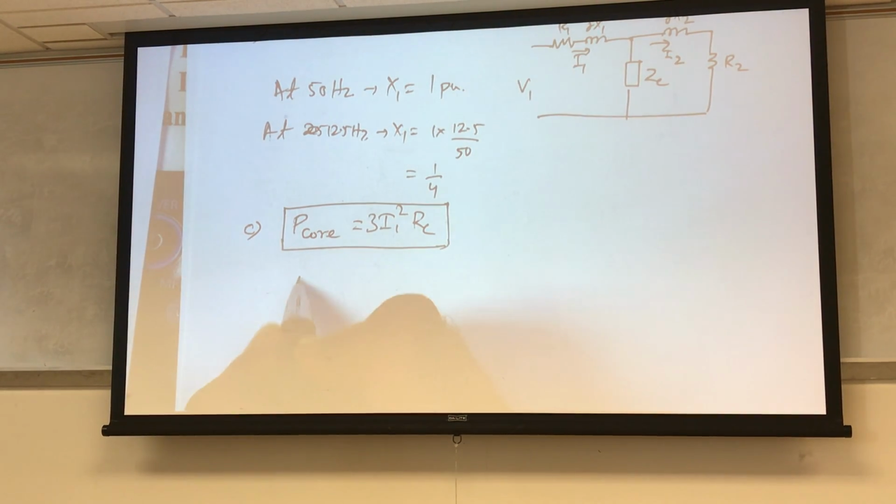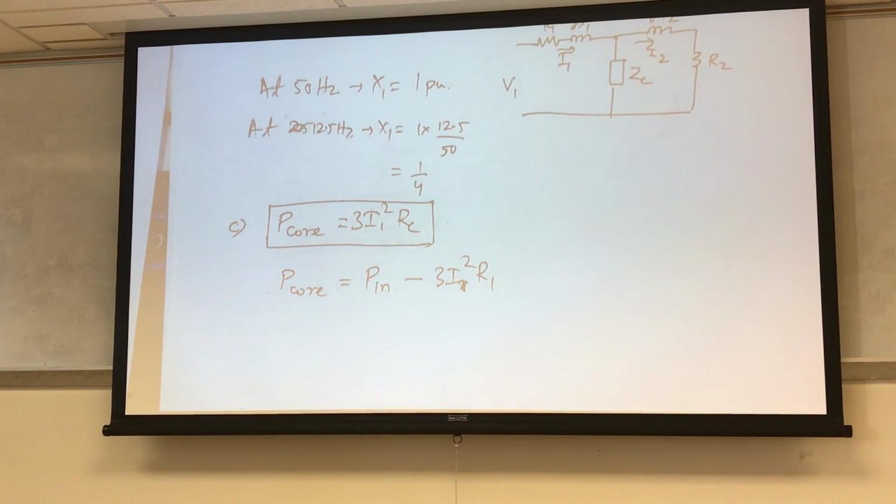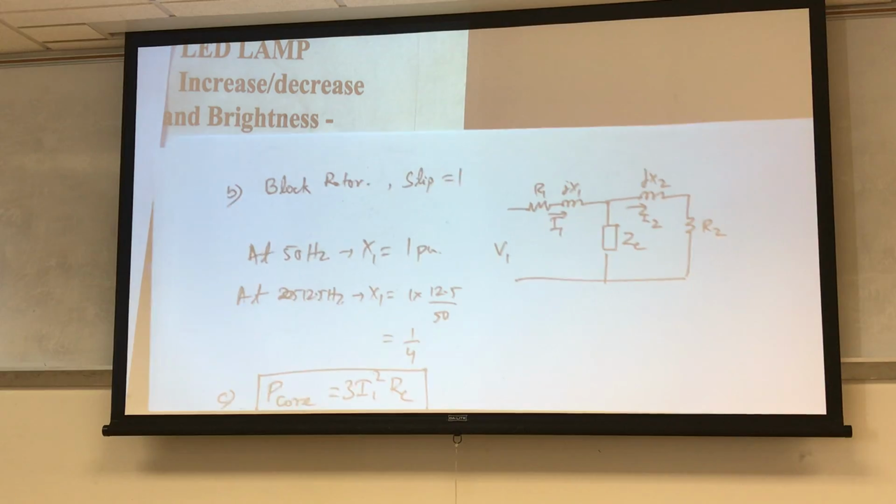So you can find P core equals P input, what is given in the question, minus 3 I1 square R1, which you can also find from here.